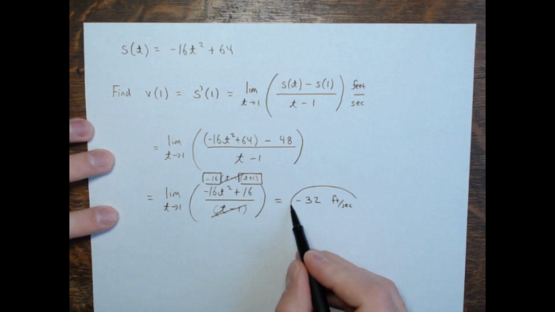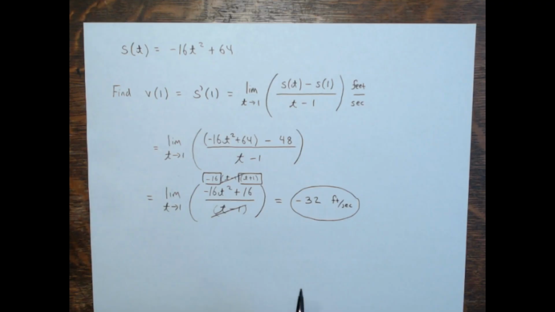This being a negative velocity just means that it's falling down. If you think of up as the positive direction and down as the negative direction, which you usually do with the y-axis on the xy plane, a negative velocity would mean the rock is falling in the negative direction, going down toward the ground at a speed of 32 feet per second at that moment.